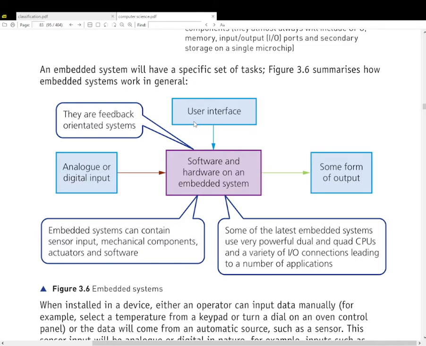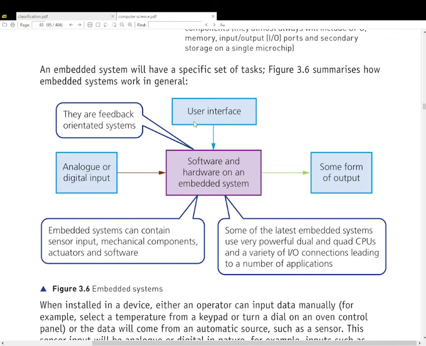Some embedded systems are automatic. They don't involve a human element in their functionality, but they are able to collect or gather information within and without the environment automatically, and that makes them smart devices.